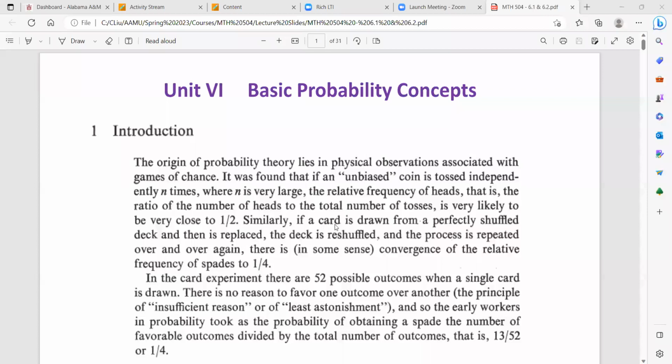Another example is a card drawn from a perfectly shuffled deck, then put back and reshuffled again. If you repeat this process again and again, the question is, what's the relative frequency of spades or any other suit?